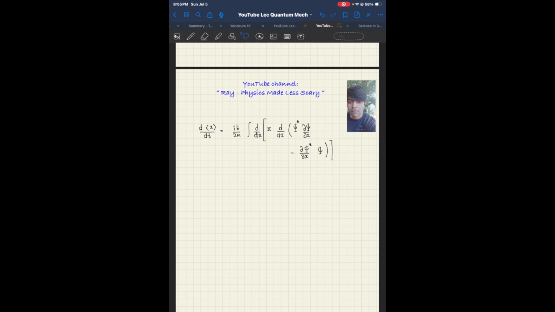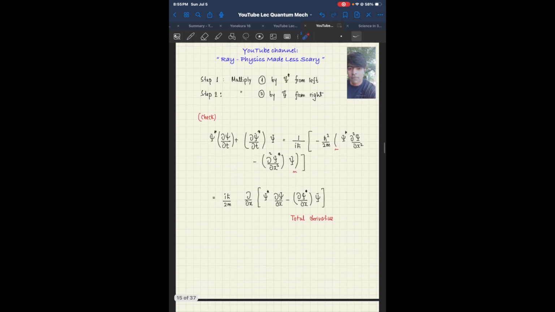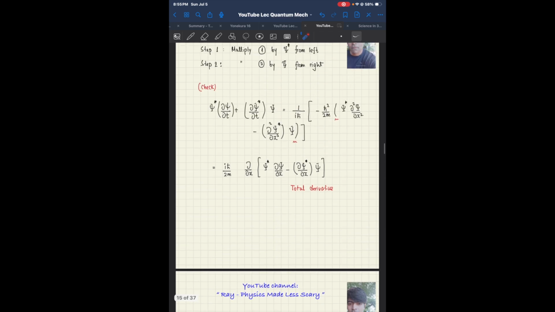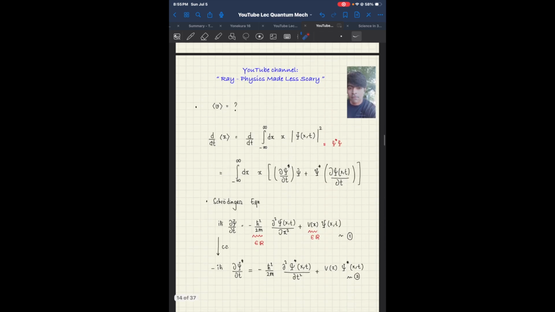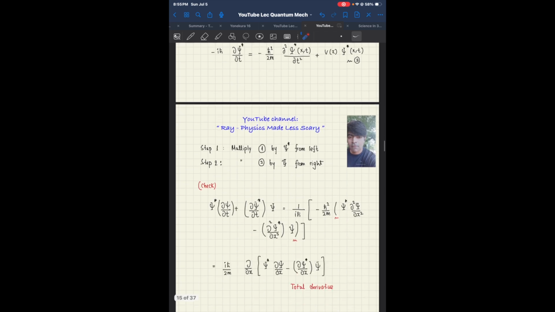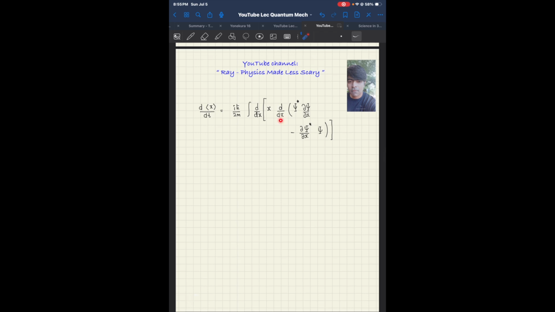Well, why is that? Because we have already figured out the intermediate step. This is a total derivative. This is what I had written here, and this was simply the expression for this. So that times x, integrated over dx, is your velocity, the expectation value of velocity. So now you know what to do. This is almost literally begging you to integrate it by parts, right?